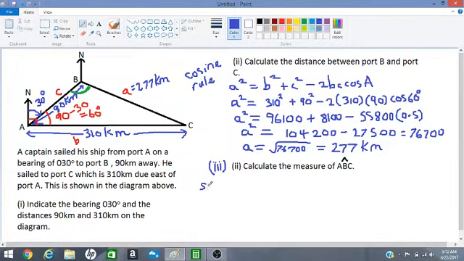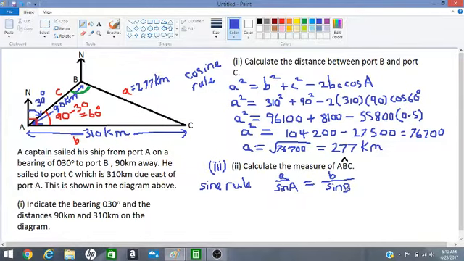Let's use the sine rule. Okay, so let us say a over sine A equals b over sine B, and so on. So we are saying a over sine A equals b over sine B. Okay, so we have the values of small a, small b, capital A, which is 60 degrees.